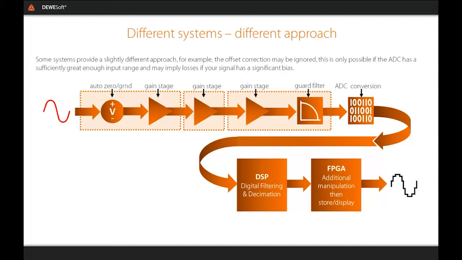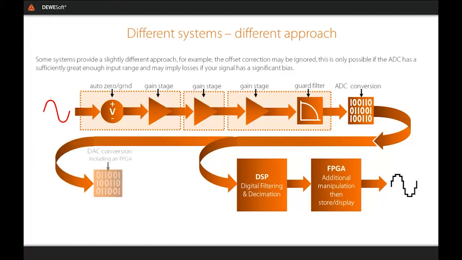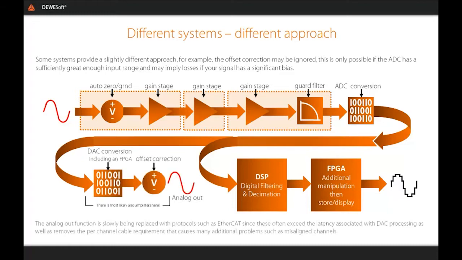The different systems have slightly different approaches, but the ultimate conclusion remains the same: to get your initial signal into an accurate representative digital equivalent that you can see and work with. Some systems will offer an analog output. These have almost the opposite of the inbound signal train with a DAC, digital to analog converter, then an offset correction and possibly amplifiers as well.